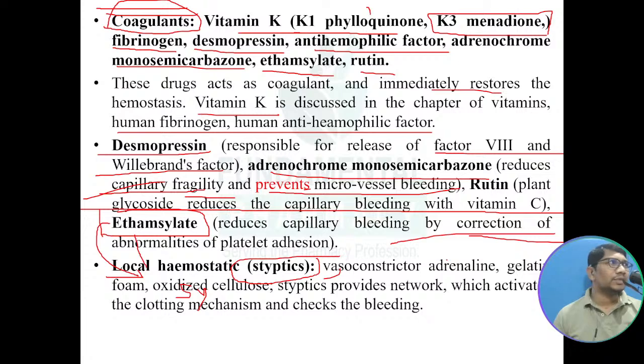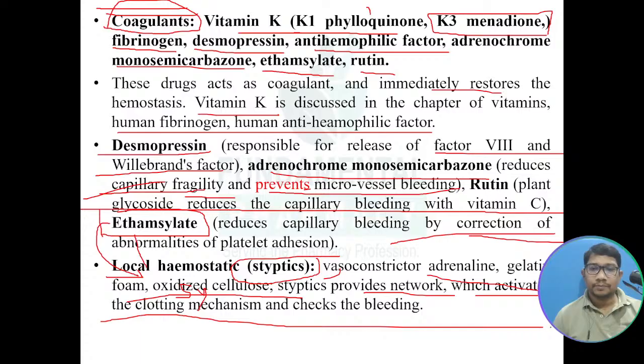They are basically vasoconstrictor agents, like adrenaline, gelatin foam, and oxidized cellulose. They provide a rough network which activates the clotting factors and stops the bleeding.